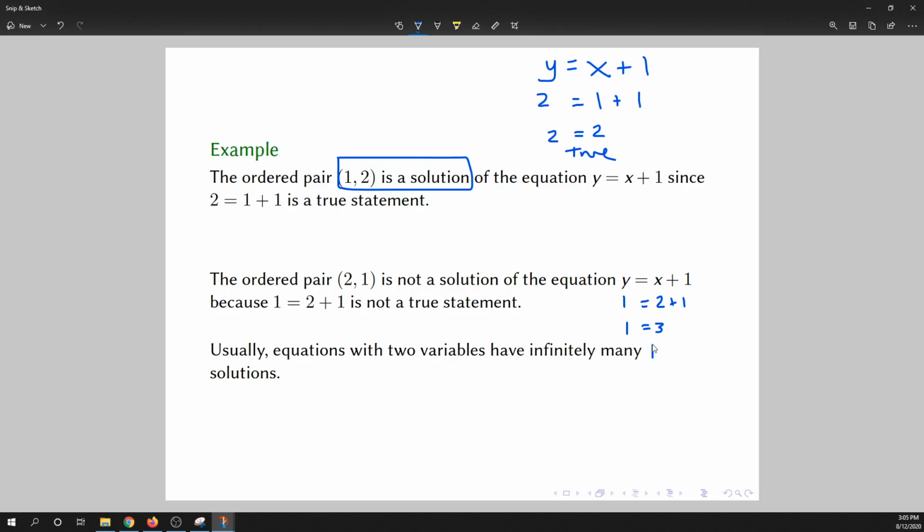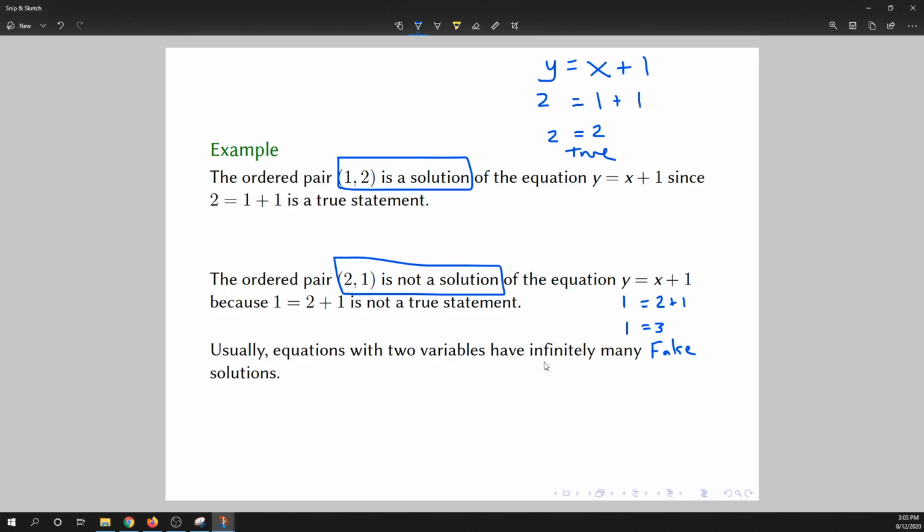So our conclusion is that the ordered pair (2, 1) is not a solution of the equation. It's pretty easy to tell whether an ordered pair is a solution: you just plug it in. If you get a true statement, it is a solution. If you get a false statement, the ordered pair is not a solution.